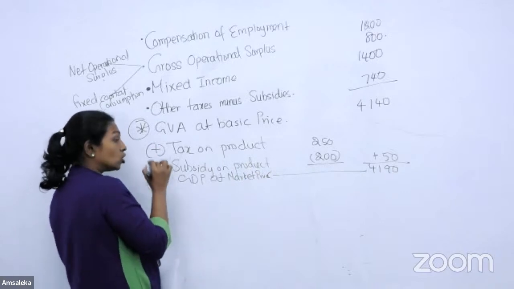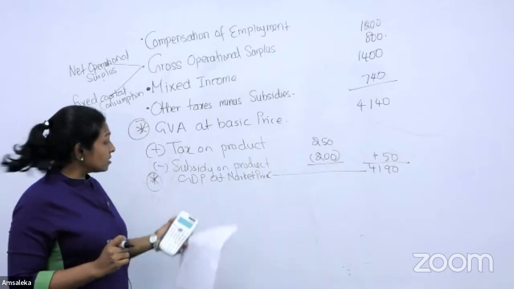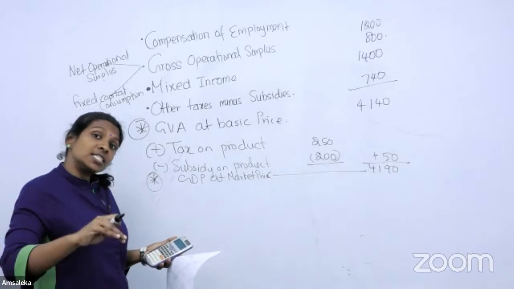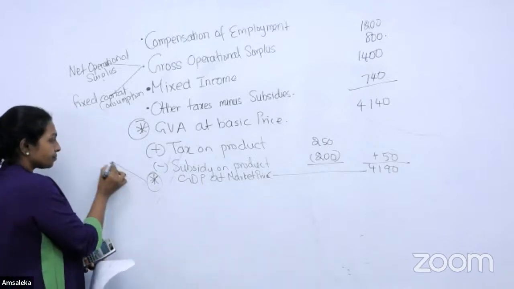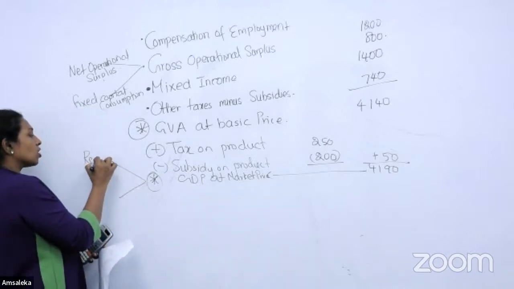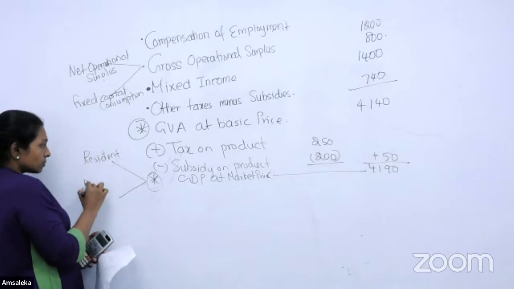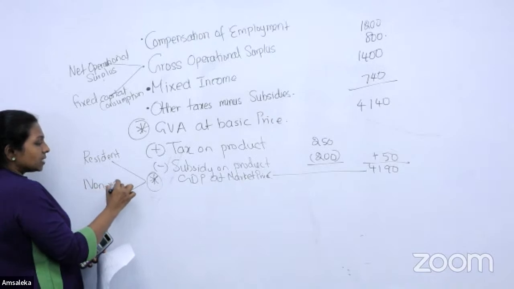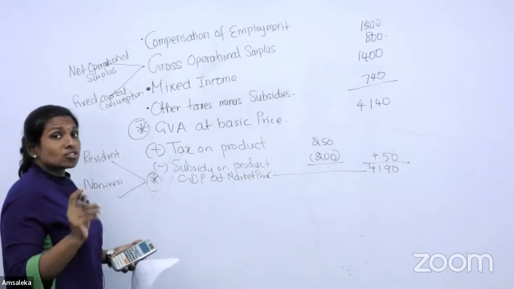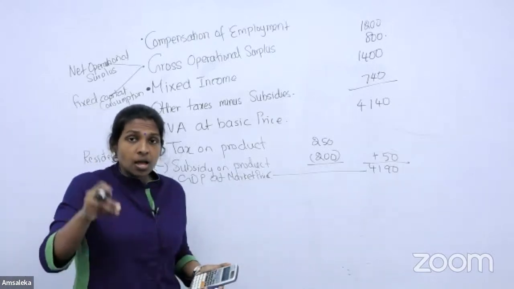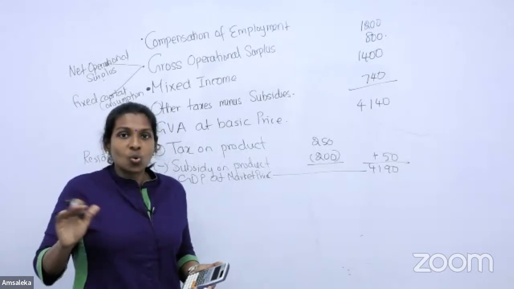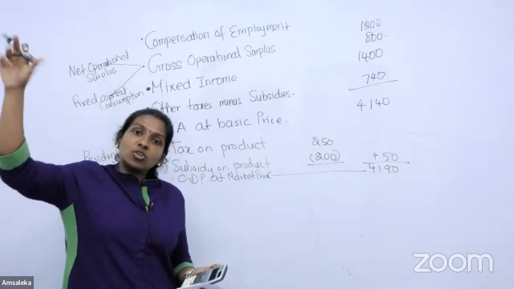GDP, domestic. Domestic includes resident and non-resident. Resident means Sri Lankan. Non-resident means foreigners, no? So foreigners, are they going to keep their factor income here? No, they will send their factor income to their motherland.